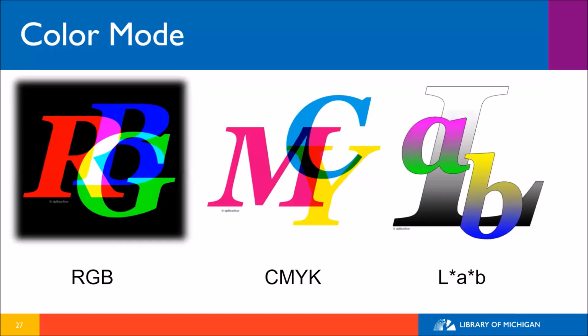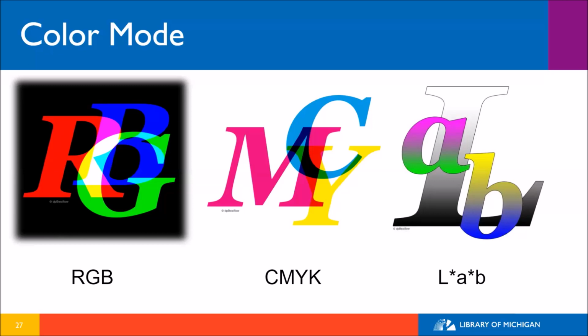So I mentioned before about RGB, and that's something that we call a color mode. But what is a color mode? It's the way we turn colors into numbers or data, because as humans, we can perceive color. Computers cannot perceive color, but they can understand color as data. And there's a few different types of color modes, and the most common that we're familiar with most likely are RGB and CMYK.